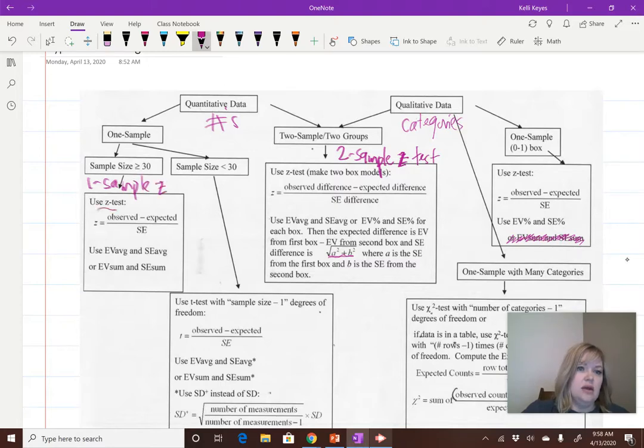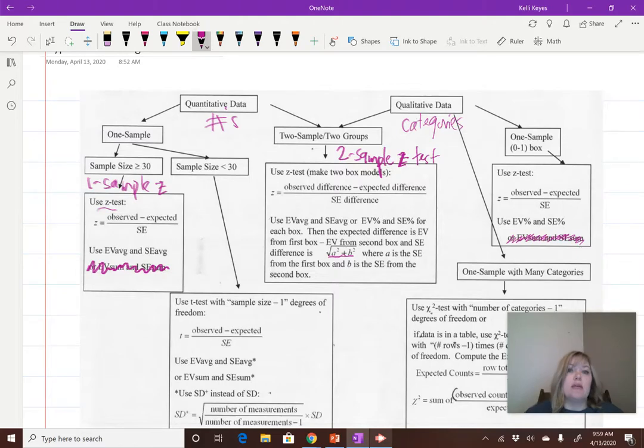We're going to cross off EV sum and SE sum, because we're never going to use EV sum and SE sum for hypothesis tests. So if it's greater than 30, we have a 1 sample Z.